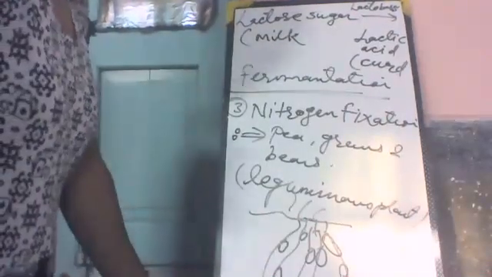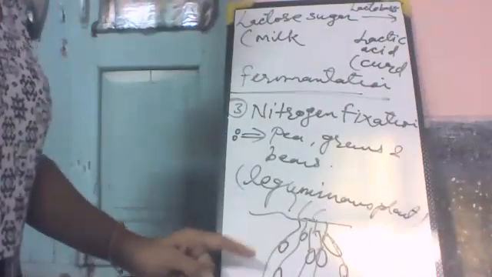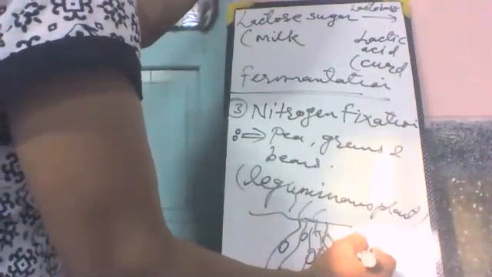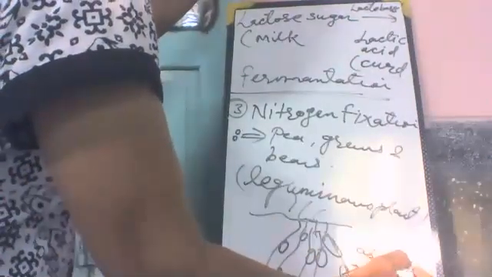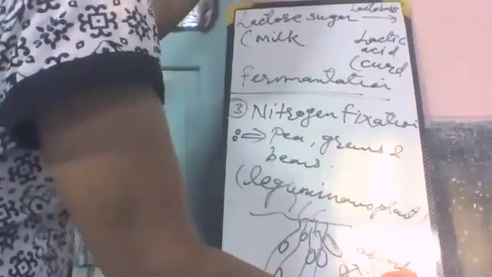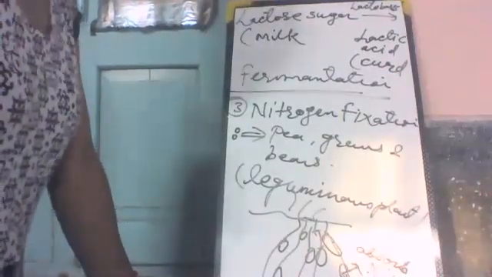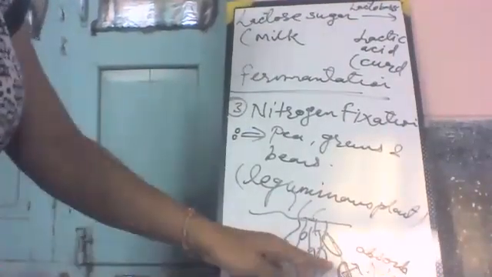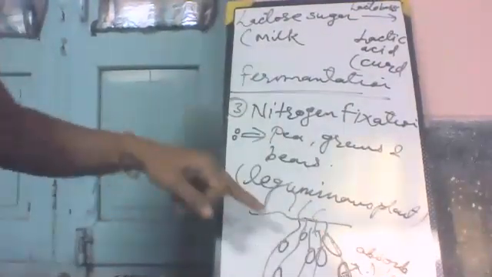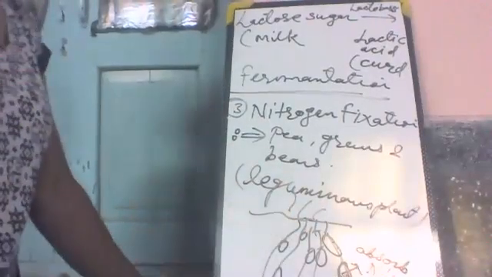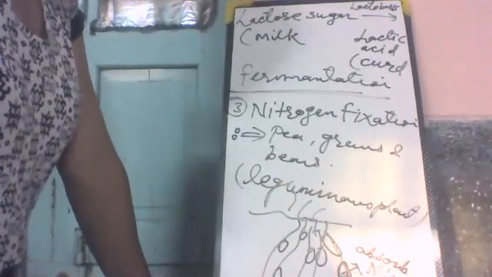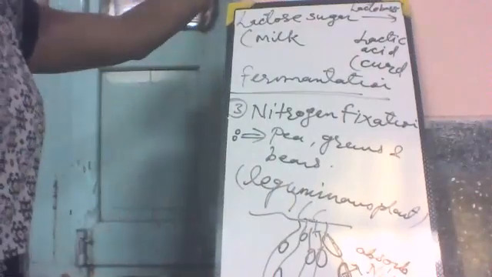In the swollen structure of the root of this plant, these bacteria absorb nitrogen present in the atmosphere and convert the nitrogen into nitrates. And nitrates are soluble in water and they are easily absorbed by the plants.